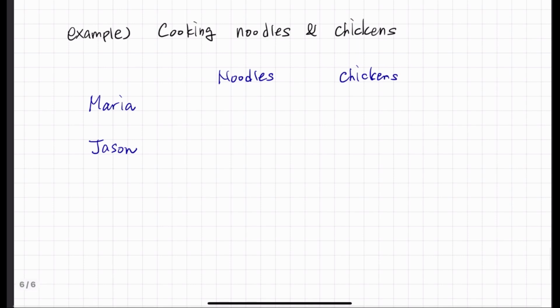Okay, so 4 hours and 3 hours. On the other hand, it takes Maria 3 hours and Jason 1 hour to make chicken. Okay, 3 hours and 1 hour. These are the hours it takes to cook.